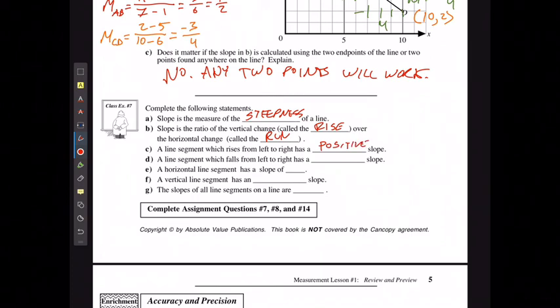If it falls from left to right, it has a negative slope. A horizontal line segment has a slope of 0, and a vertical one has a slope of undefined. The slopes of all line segments on our line are always going to be equal.